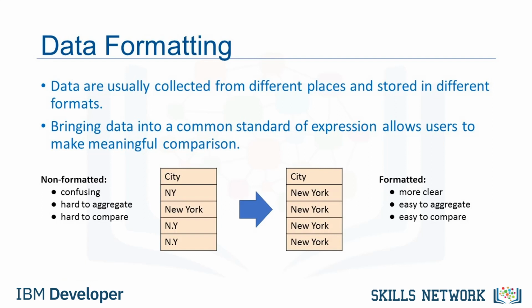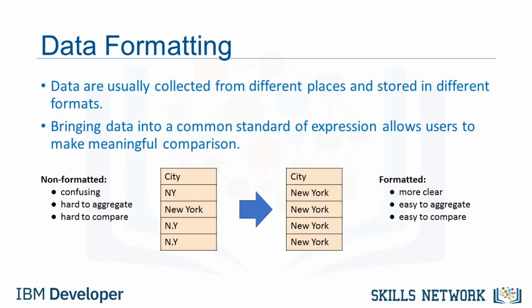For example, people may use different expressions to represent New York City, such as uppercase N, uppercase Y, uppercase N, lowercase y, uppercase N, uppercase Y, and New York. Sometimes this unclean data is a good thing to see. For example, if you're looking at the different ways people tend to write New York, then this is exactly the data that you want.